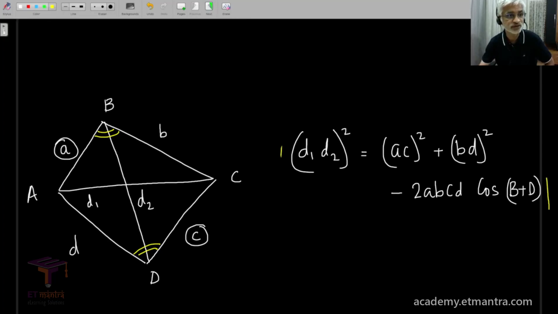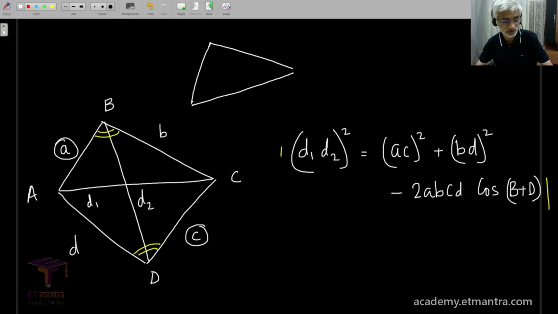I'm just going to draw the corresponding triangle and call this A.